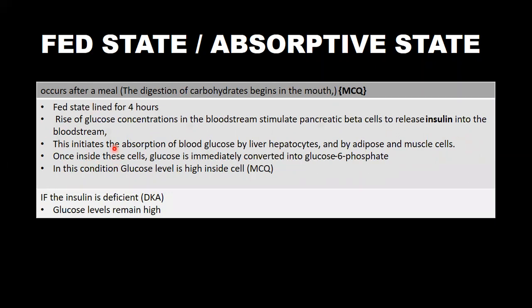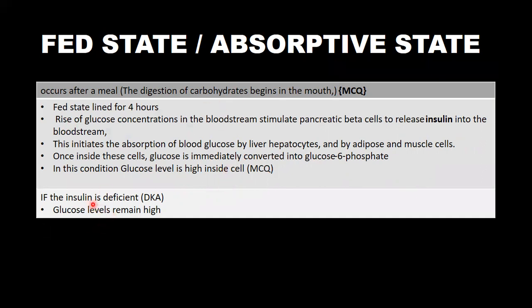Inside these cells, glucose is converted to glucose 6-phosphate, because there is glucose intake, and then glycolysis occurs in all three types of cells: liver cells, adipose tissue, and muscle cells. The glucose level is high inside the cell in the fed state.